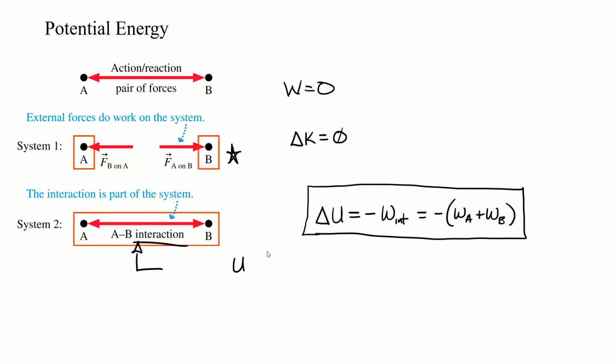And what that means is now if we want to track the energy of this system, we have to worry about more than the kinetic energy. We also have to worry about that change in potential energy. So the work done from external forces causes a change in energy of our system, but that's going to be the change in kinetic energy plus the change in potential energy. And for this case, if there's no external forces, that's going to be zero work done. We're going to have our change in kinetic energy of the system.